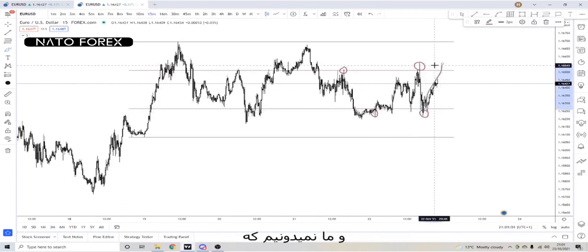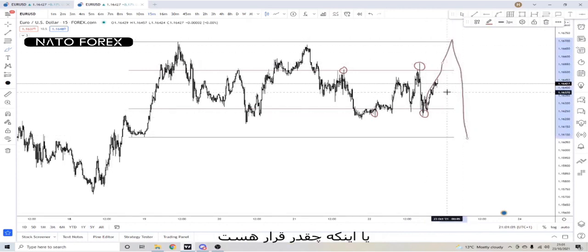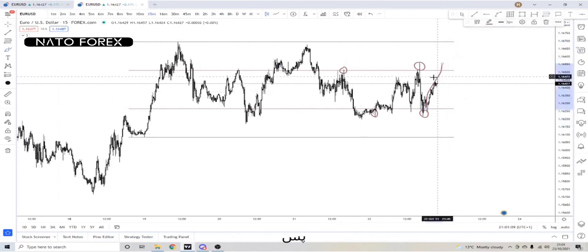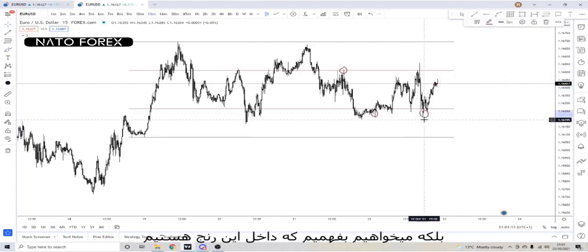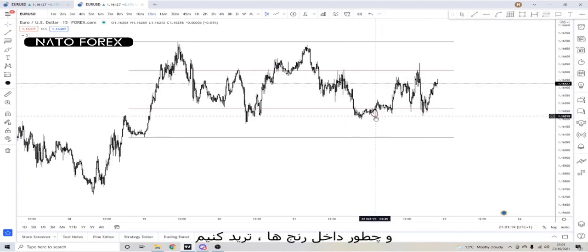Now, we don't know whether the high is going to go, the low is going to go, or how long this is even going to go on for. So we certainly don't want to be staying away from ranges. We want to just understand that we are in this range and how to trade them.